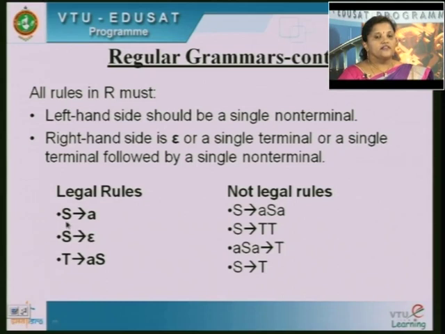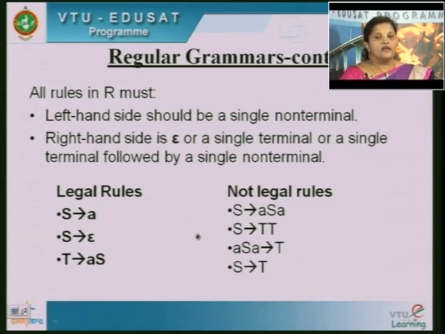Here S derives a is there, that means S derives a single terminal, which is allowed. And S derives epsilon is there, so epsilon can be contained in a rule. And next T derives a single terminal followed by a non-terminal. Only these three types are allowed in the rules.